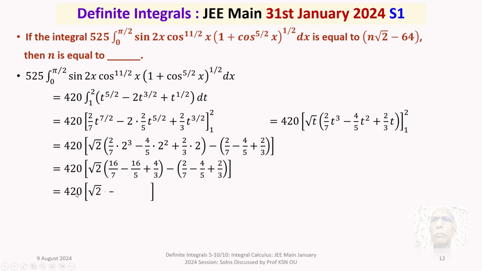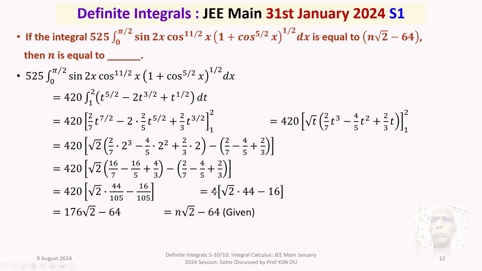Further simplification: 420 into root 2 into this bracket, we evaluated, we got 44 by 105, minus this bracket when evaluated, 16 by 105. So 105 is common in the denominator and cancels with 420, giving 4 times. So you will get 4 times root 2 multiplied by 44 minus 16, that is 176 times root 2 minus 64.